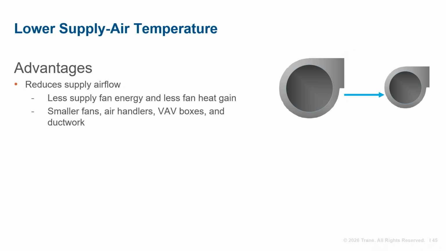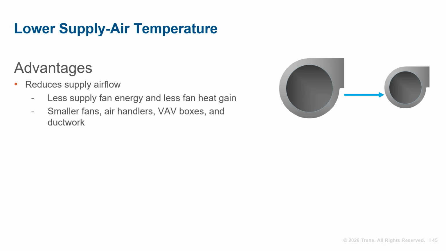I'm going to discuss the design opportunity to lower the supply air temperature delivered to the VAV boxes. For example, what if we supply it at 48 degrees versus the commonly used 55 degrees? Supplying air at a colder temperature allows the system to deliver a lower airflow rate.